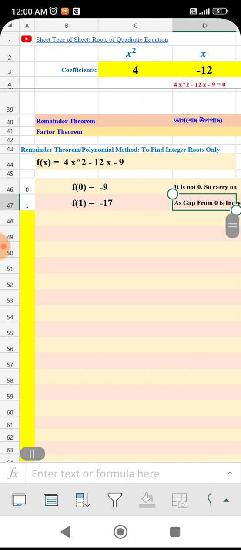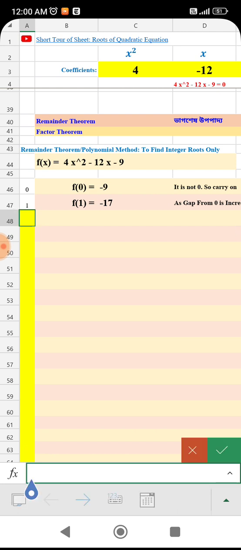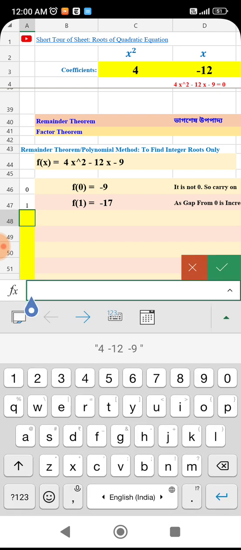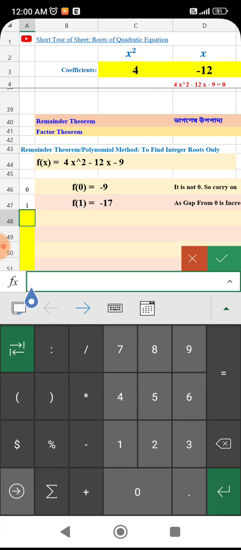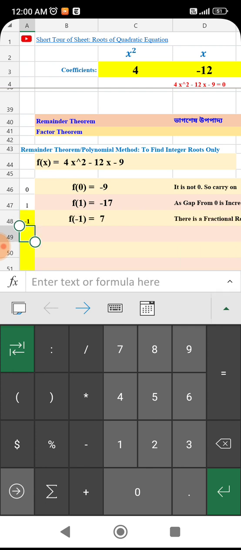So we'll put -1 here in the yellow cell, then enter. So what is the value coming? f of -1 equals 7.